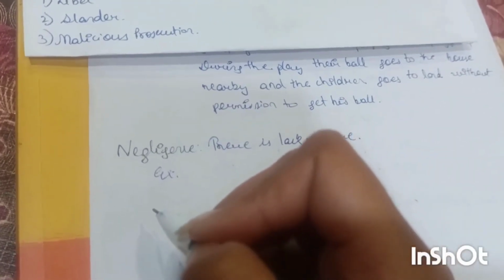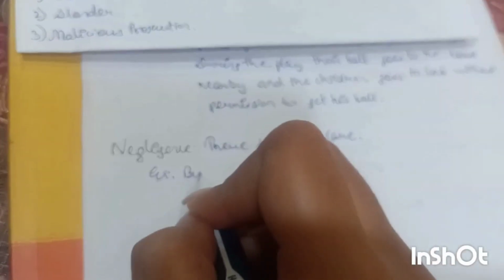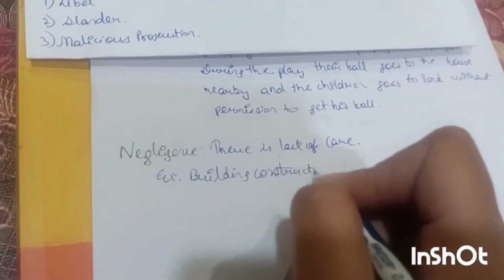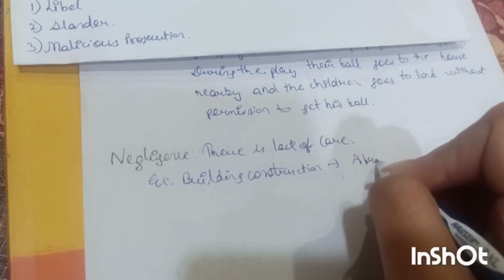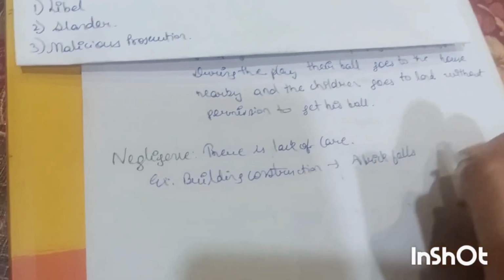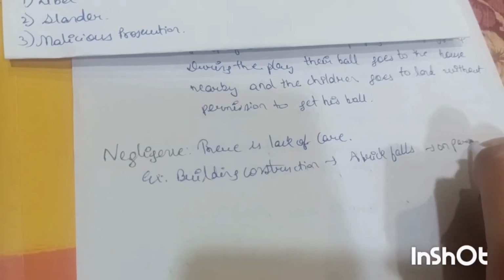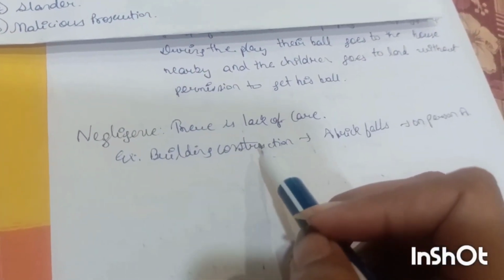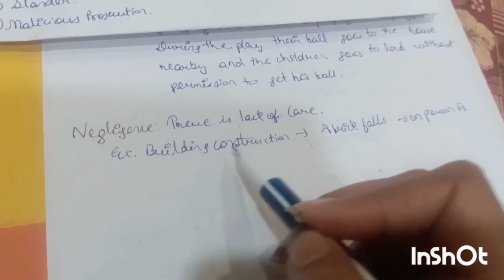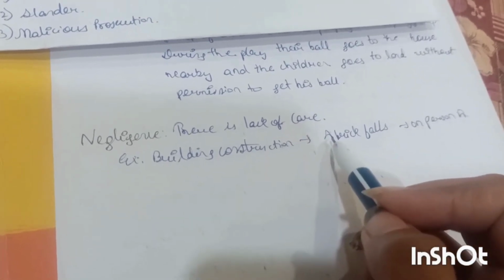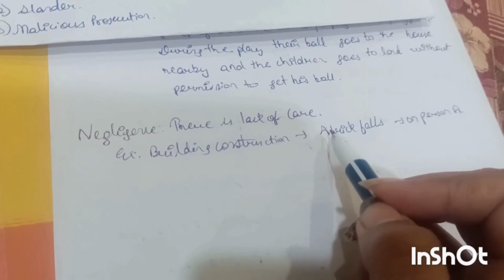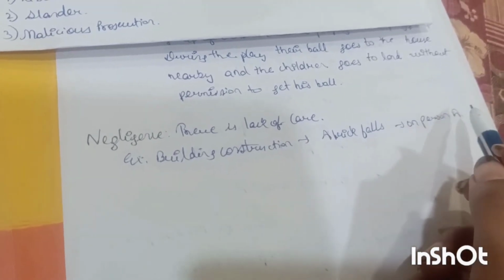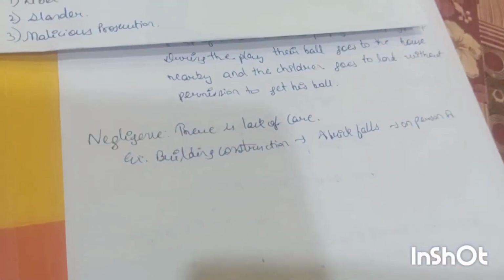A building was being constructed, and a brick falls on a person A. That is negligence, because the person constructing the building has the duty to take care of the materials, but he did not, and it hurt person A. So it is negligence.